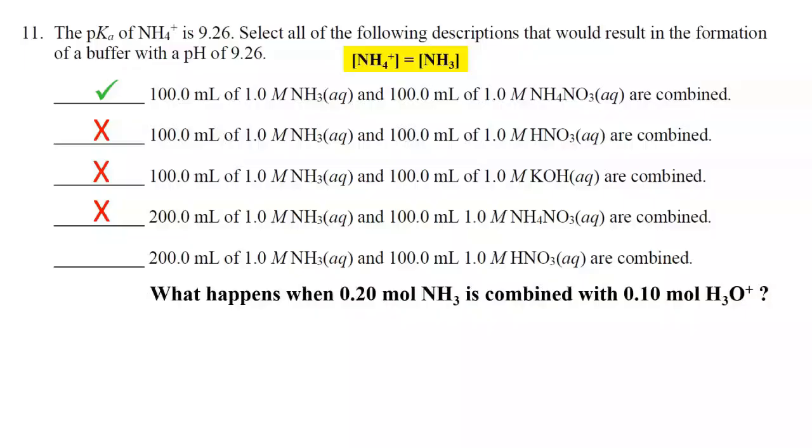So what happens if we have 0.2 mole of ammonia combined with 0.1 mole of a strong acid, or the hydronium ion? We're going to get that acid-base titration, but instead of converting all of the ammonia into the NH4+ ion, in this example we're going to convert half of the number of moles of ammonia into moles of NH4+.